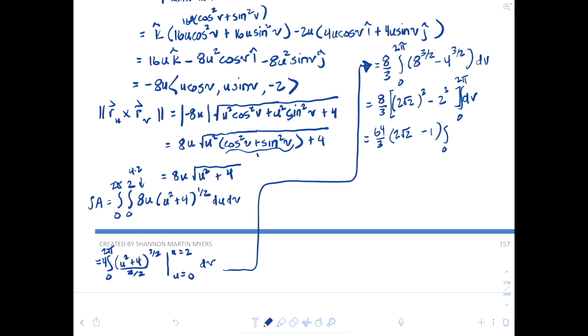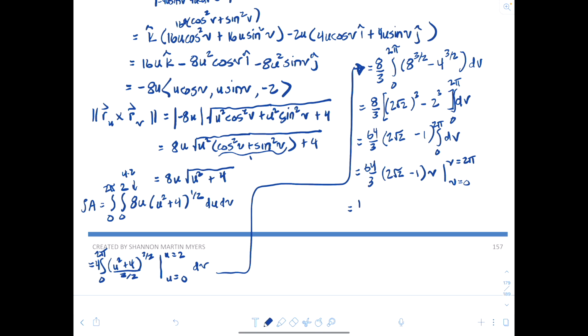It looks weird, but that's okay. So that's going to give us 64/3 times 2 root 2 minus 1 times v, and v is going from 0 to 2 pi. The lower limit will zero out, so 2 pi times 64 is 128 pi, and then we have it over 3 times 2 root 2 minus 1 square units.